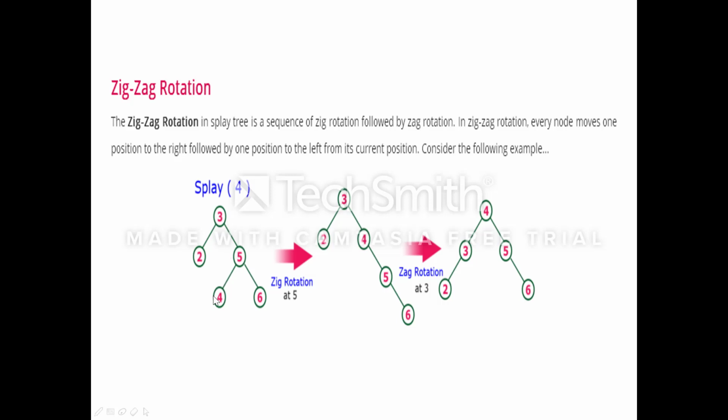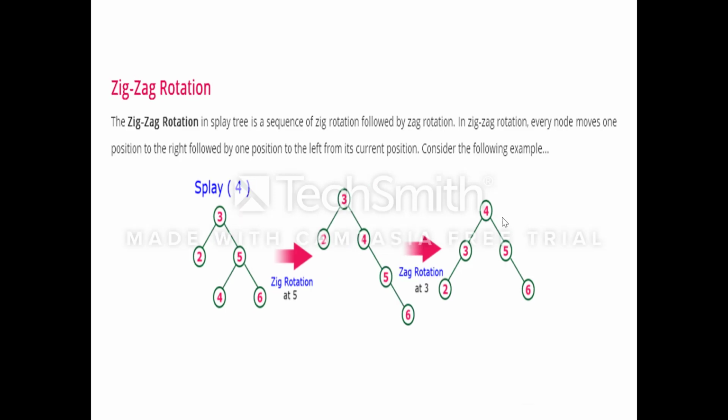In order to bring 4 into the root node, you will have to perform a series of operations. First, you will have to perform one right rotation, that is, a zig rotation. Once you perform one right rotation, you will get the intermediate tree as shown in the middle figure. And then you will have to perform one left rotation, that is, one zag rotation, in order to bring node 4 into the root position.